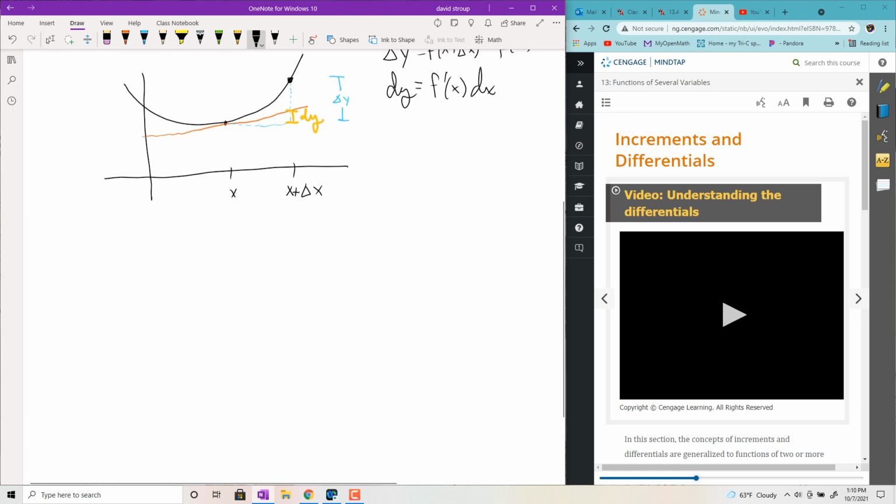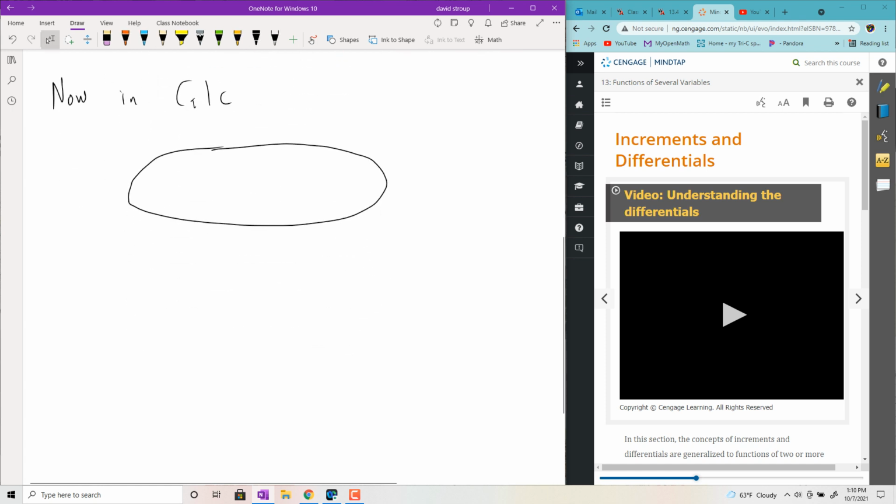Now in Calc 3, instead of having tangent lines, we'll have tangent planes. So imagine that same figure now in three dimensions. The above picture is maybe a cross section of this thing. Let's orient its base at the point 0, 0. So the z-axis is popping up like that, and maybe the x-axis is here and the y-axis is over here.